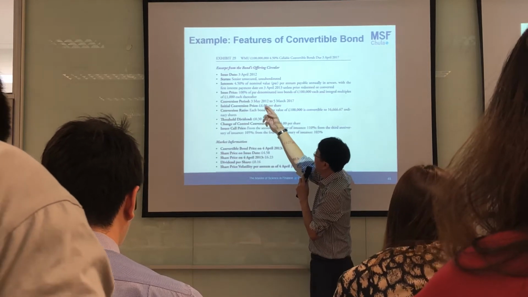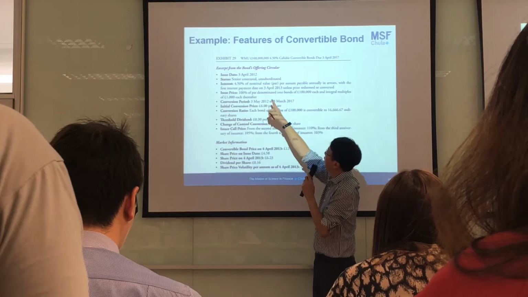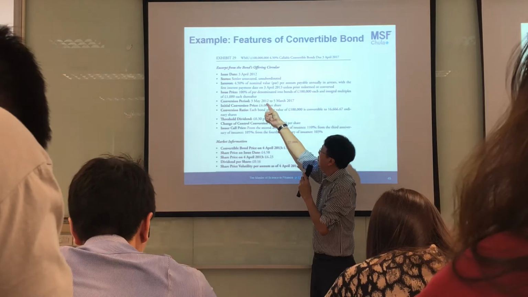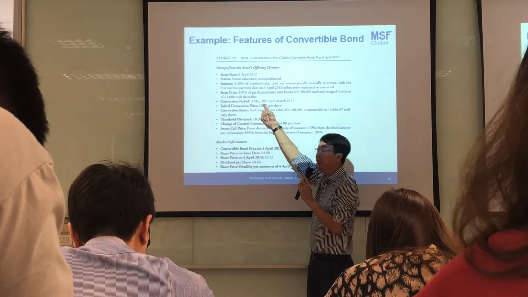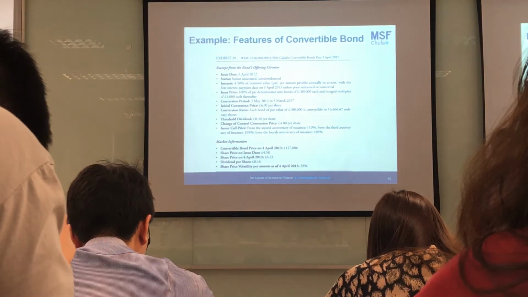Oh, sorry, actually they can convert any time, just 1 month after the issue. The 3rd of April is the issue date, and then 1 month later, this bond can be converted into the stock.